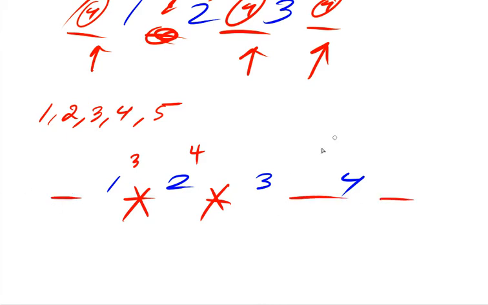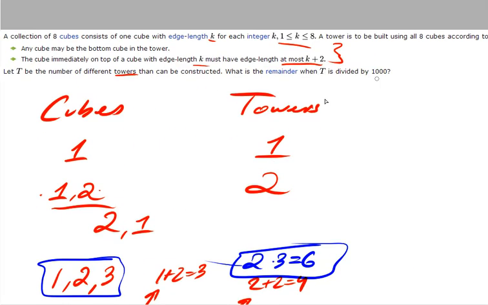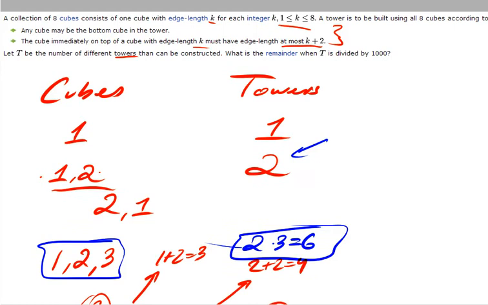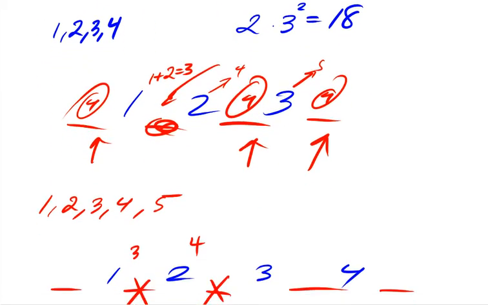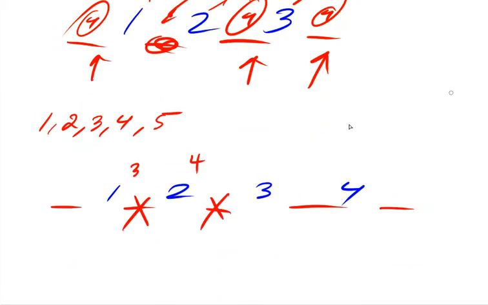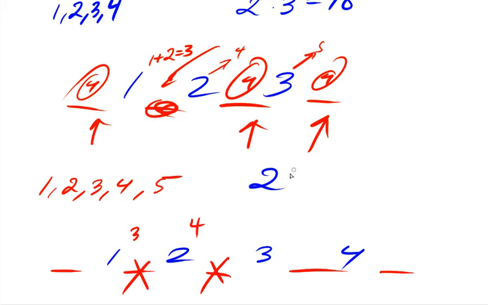So it seems like after we pass this initial multiplication by 2, every successive addition of a block yields a multiplication by 3, because there are 3 ways to insert the next block. So this would be 2 times 3 cubed, which would be 54.